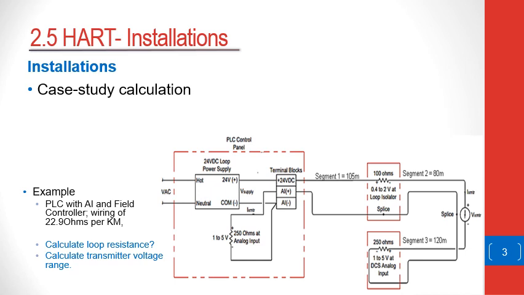And let us take, for instance, that the wiring that has been used has a resistance of 22.9 ohms per kilometer. Now, for a HART network, it's important to ensure that the loop resistance of the network is within the limit that you desire. First of all, it must be above the minimum, which is 230 ohms.